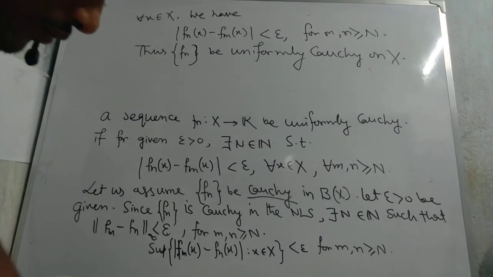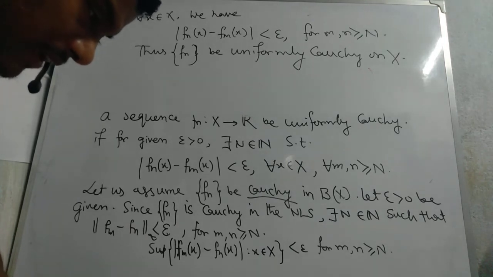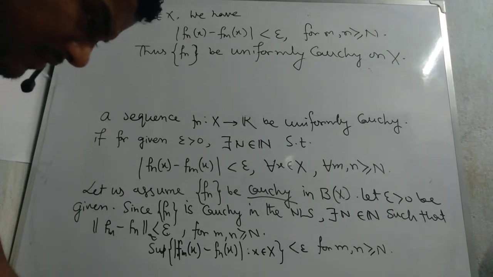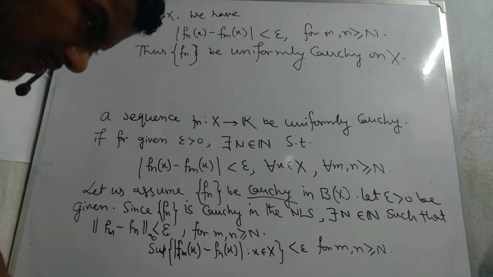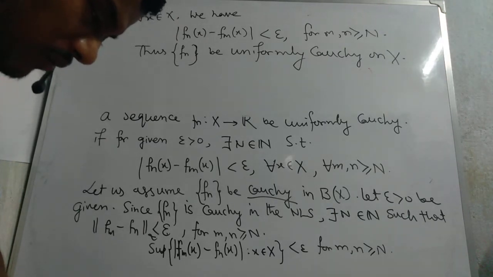So we do this problem. If f_n is uniformly Cauchy on X, and obviously if f_n is uniformly Cauchy, then the norm of f_n is Cauchy. Now we discuss that any Cauchy sequence in a metric space is bounded.